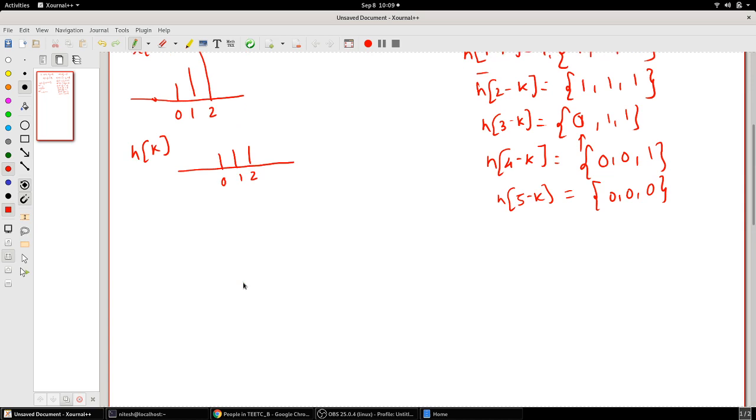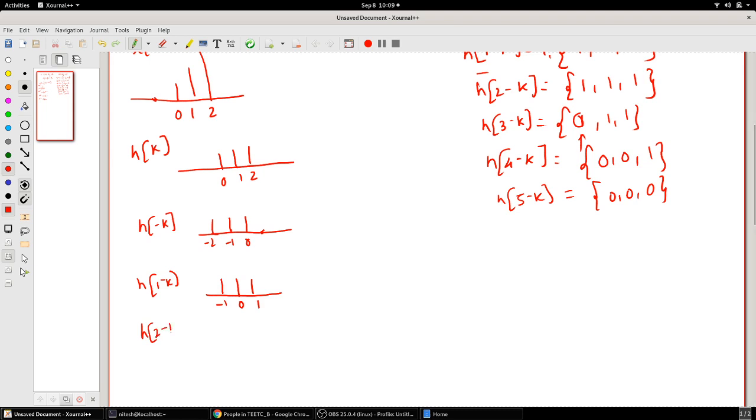Now h of minus k looks something like this, at 0, minus 1 and minus 2.